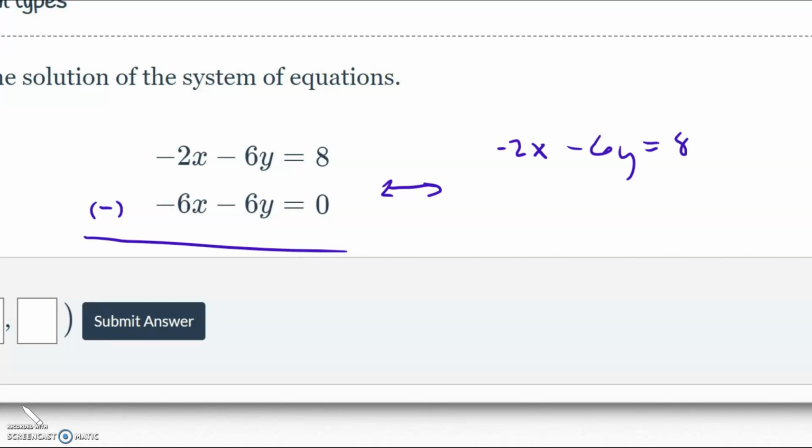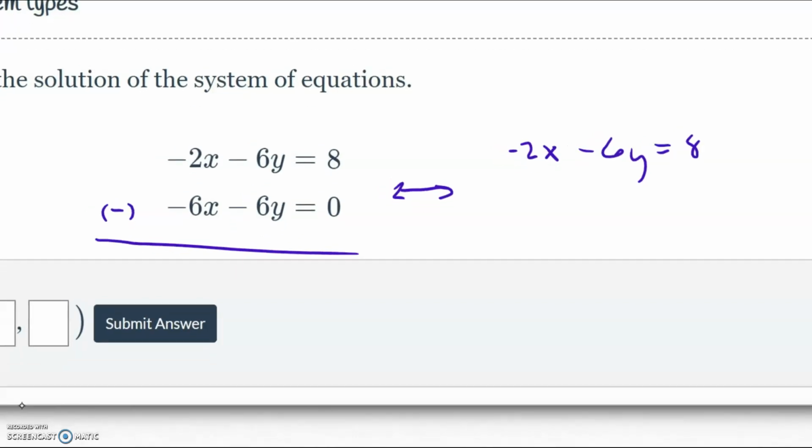But when you subtract it, it's like multiplying everything by a negative. So what would that look like? If I multiplied the whole bottom by a negative, then I would change this to a positive 6x, a positive 6y, and a negative 0, but that's not going to change anything. These two are the same thing.